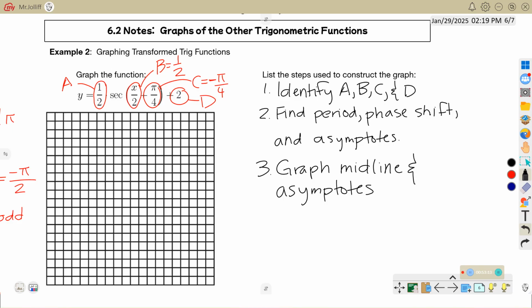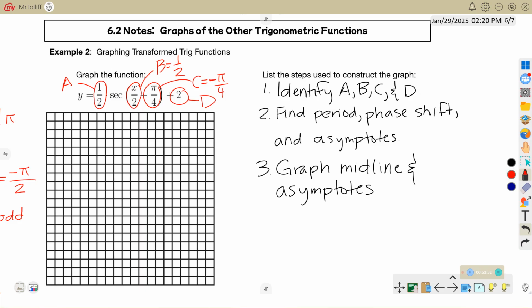I know where those are, and I know that those two things determine the shape of my graph. So we start with the midline. Our midline is related to D. D was 2. So my midline should be through 2.